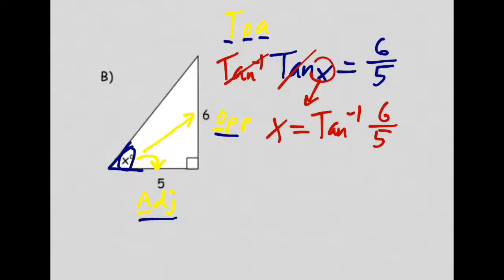Go ahead and do that now. You might want to hit pause. Okay, you should have gotten x equals 50 degrees. This angle is 50 degrees. Alright.